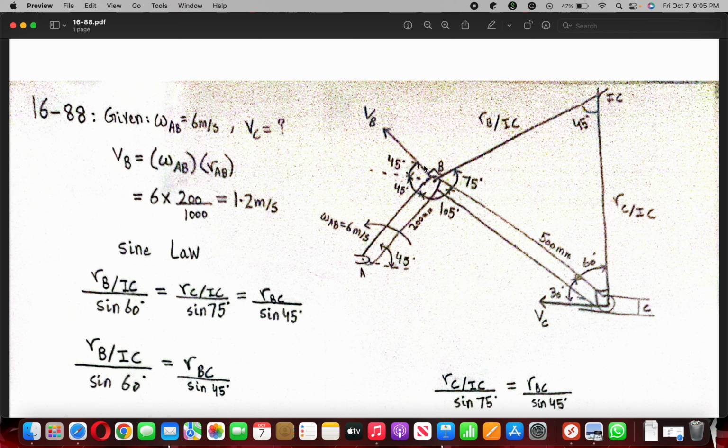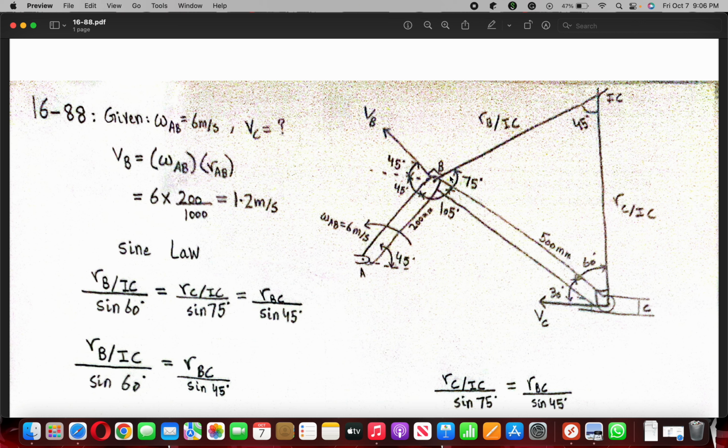We also know that the IC is perpendicular to both VB and VC, and VC is already horizontal, because as we see in the diagram, it is moving in a horizontal guide, so the line to the IC is vertical and already has a 90 degree angle.